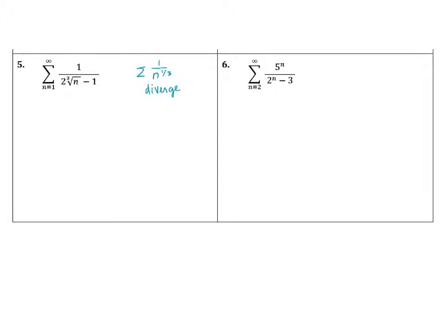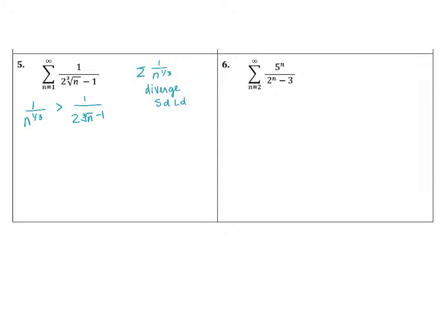But this series, 1 over n to the 1/3, is greater than 1 over 2 times the cube root of n minus 1. And keep in mind, if this is divergent, then we're talking about smaller diverges, larger diverges. And so we don't have that smaller. We kind of have it the other way around. So we're not going to be able to do that.